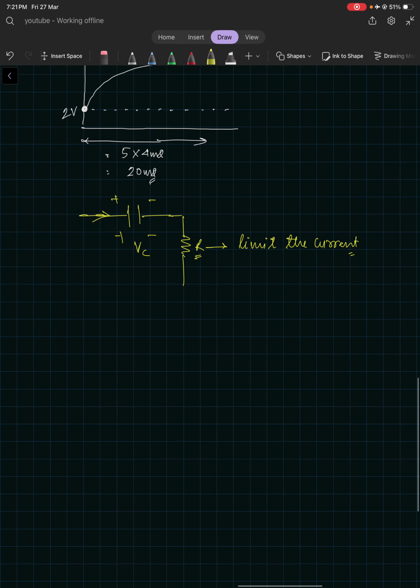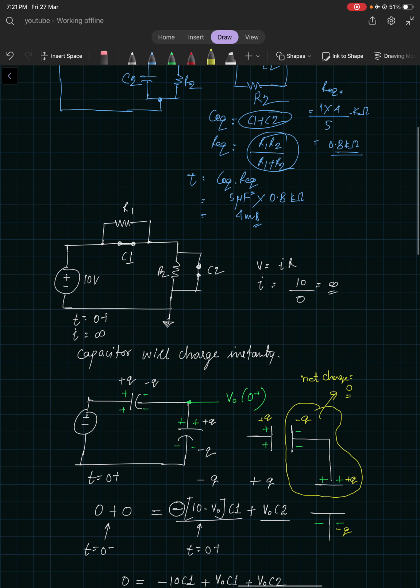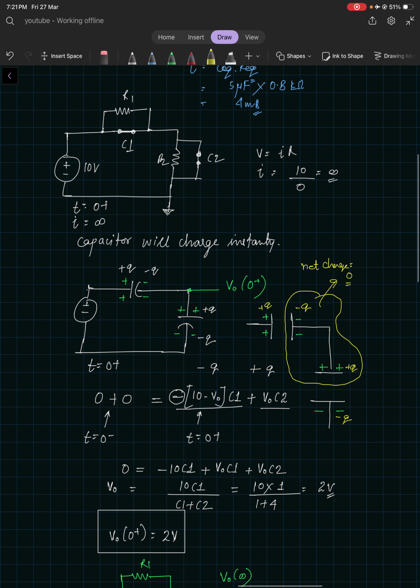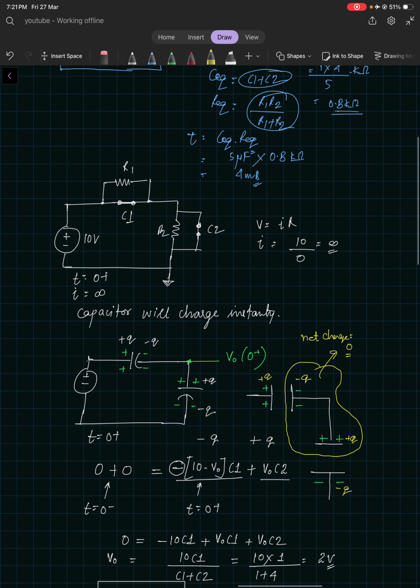But when the capacitor is alone in the path with only a voltage source, then the capacitor would charge instantly, because no resistor is present in this path, as we have seen here. In the path of this loop there is no resistor limiting the current.